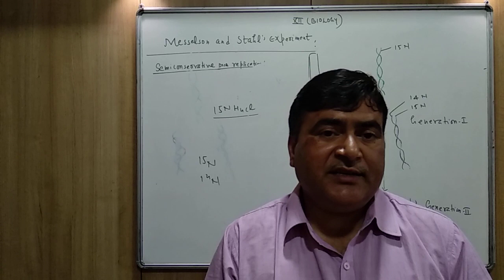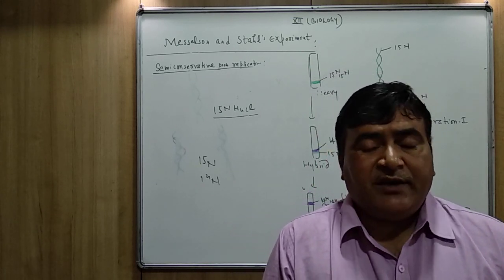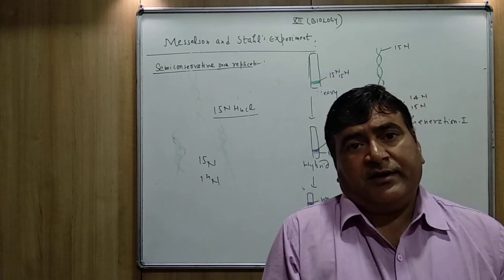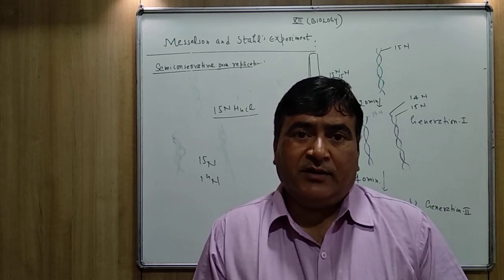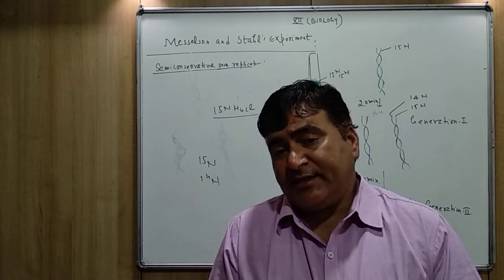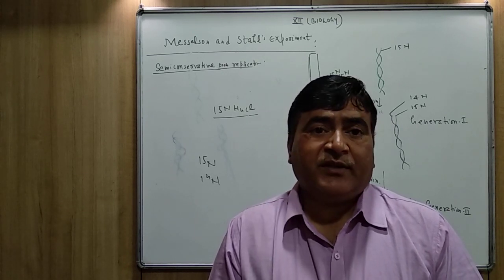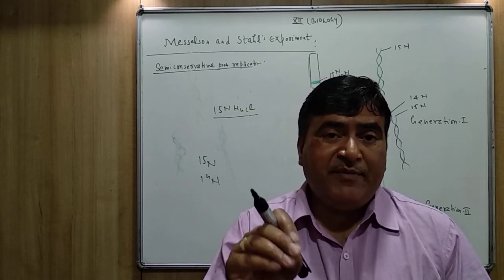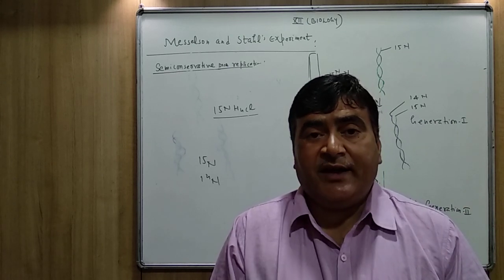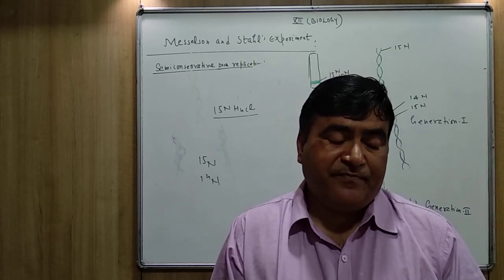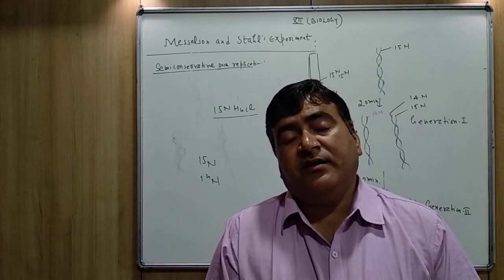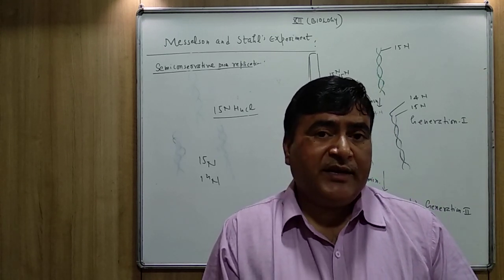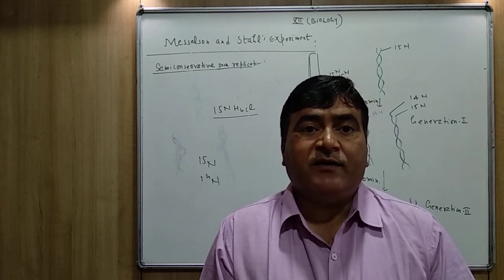In the natural condition, the 14N isotope is found. But in this experiment, first of all, he added the heavy isotope, that is 15N, into the culture medium. And inside the culture medium, he transferred E. coli bacteria.